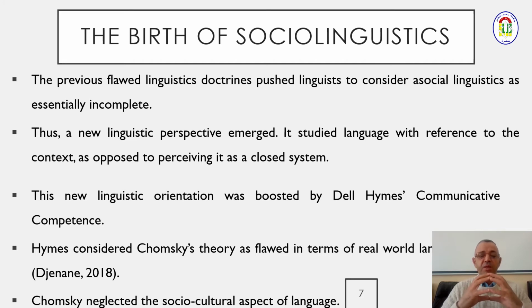We know that Chomsky considered that language has two facets: the set of rules present in the mind of an ideal native speaker, on one hand, and on the other hand, the actual production or use of language. He labeled these two facets: the first one, competence, the other one, performance.